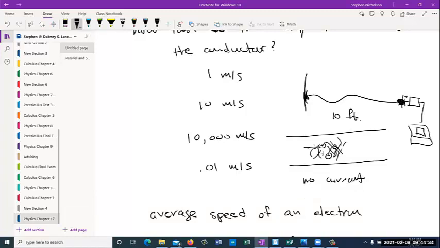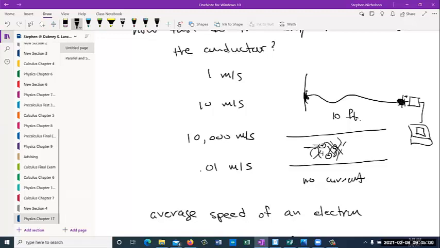So when you plug the wire into the wall, you're not taking the electrons from the wall to the computer. What you're doing is you're pushing the electrons that are in the conductor just slightly to the right, and that's enough. The free electrons in the wire push it through the machine, and that's what happens.